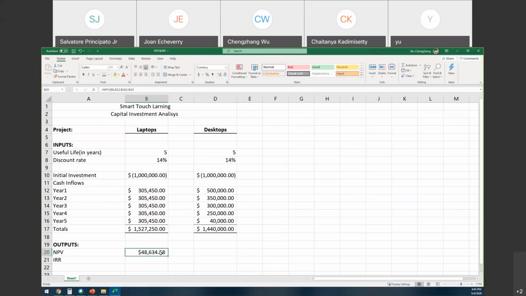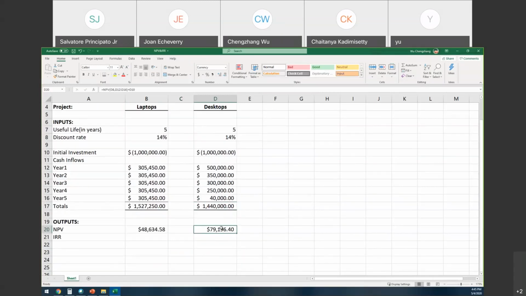We need to do it for the desktop project. So the only thing you need to do is to copy this formula in B20 all the way to D20 and delete C20. Okay.